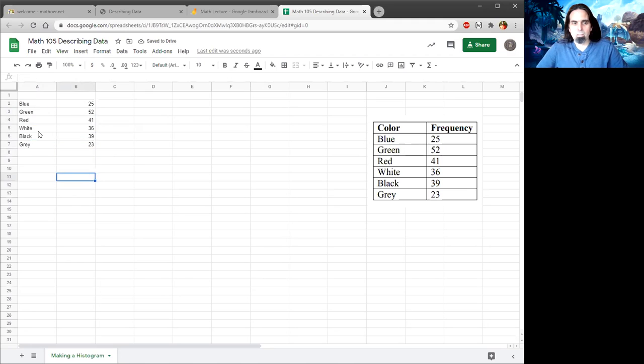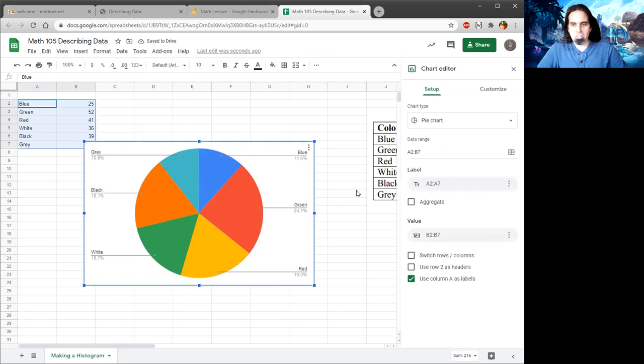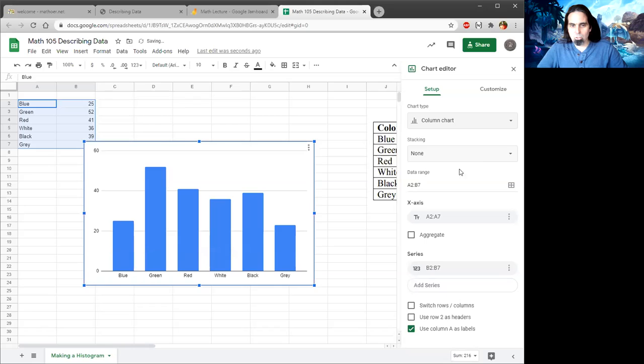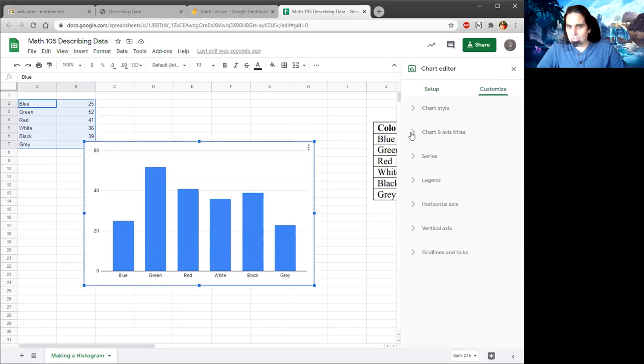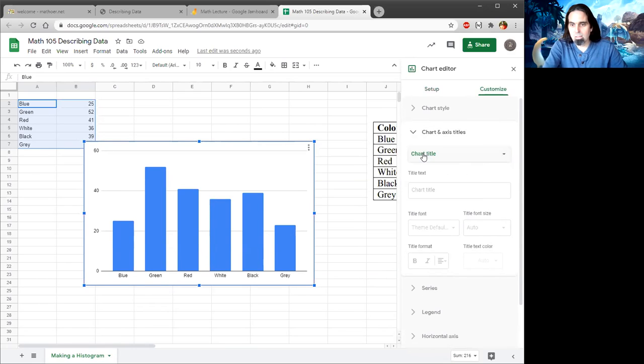So if I want to make a histogram of this, I highlight it. I go to this little button here that says Insert Chart. And it's going to say, is that what you want? And I'm going to say, no, I want a bar chart. And then I can tell it some other things. Customize, axis, title.